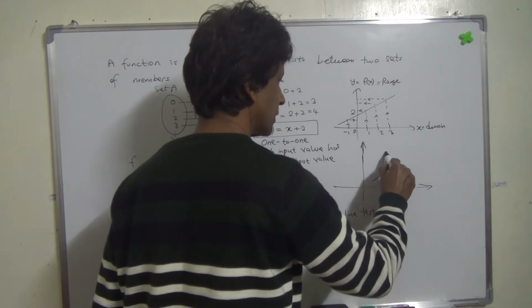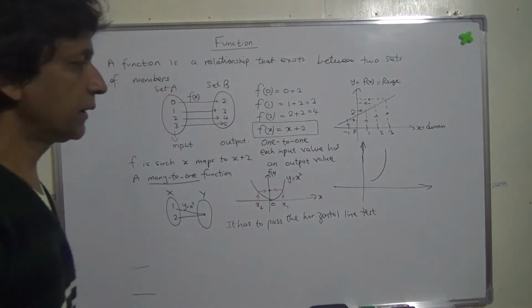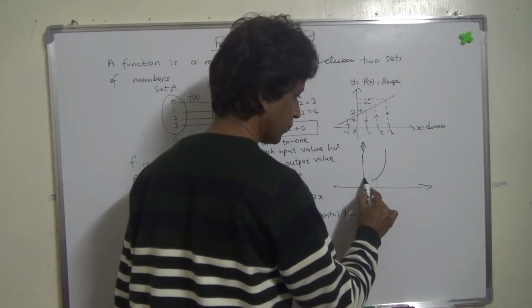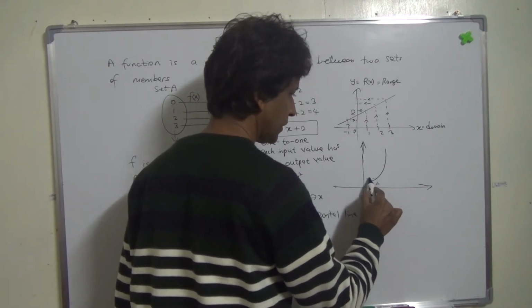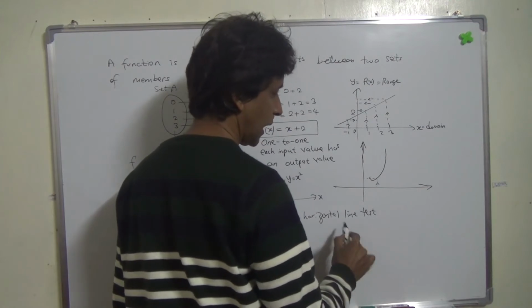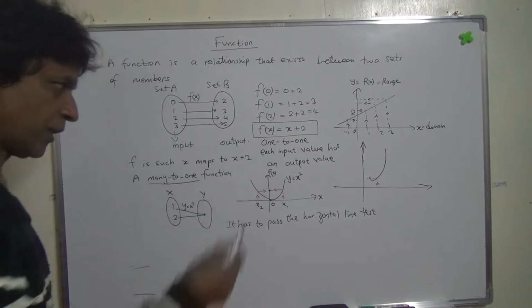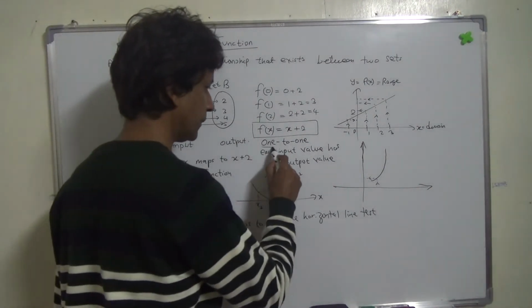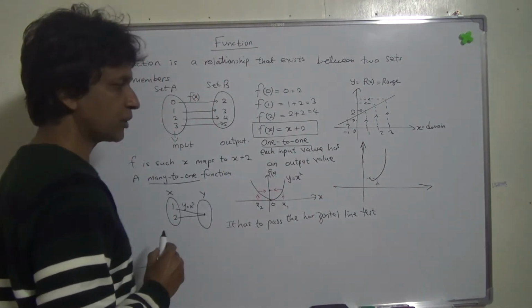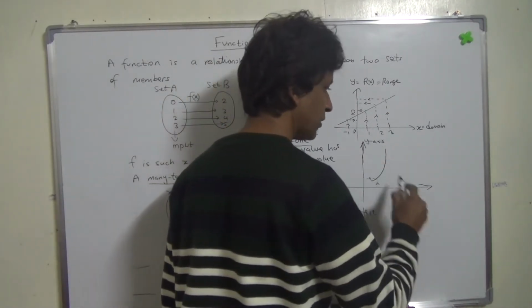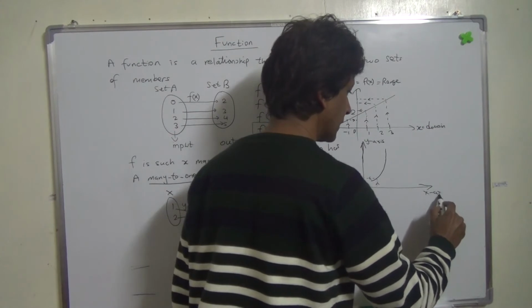So the curve carries on. Now you can see that for each value of x, I've got a value of y, an input and output. However, for a function to be a one-to-one function, it necessarily has to pass the horizontal line test. And I'm coming to that to explain what I mean by this.